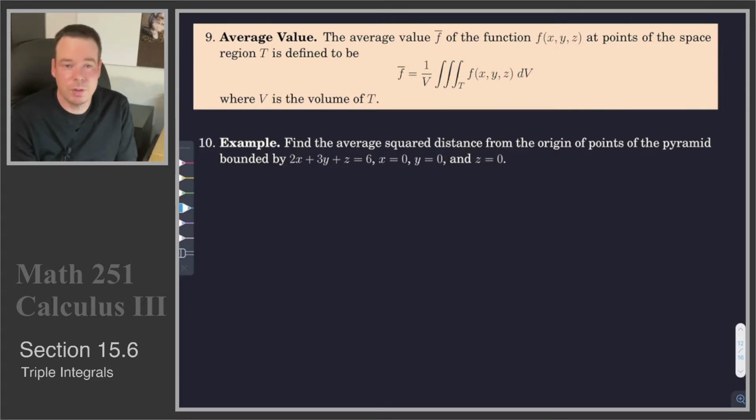When we're thinking about the average value of a function, we're trying to think of if I could replace the function with a constant function, what property would that constant have to have?